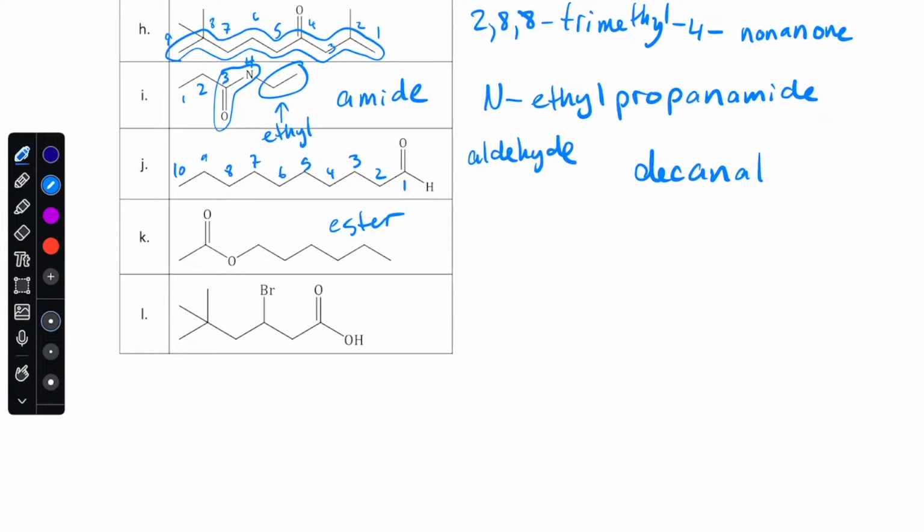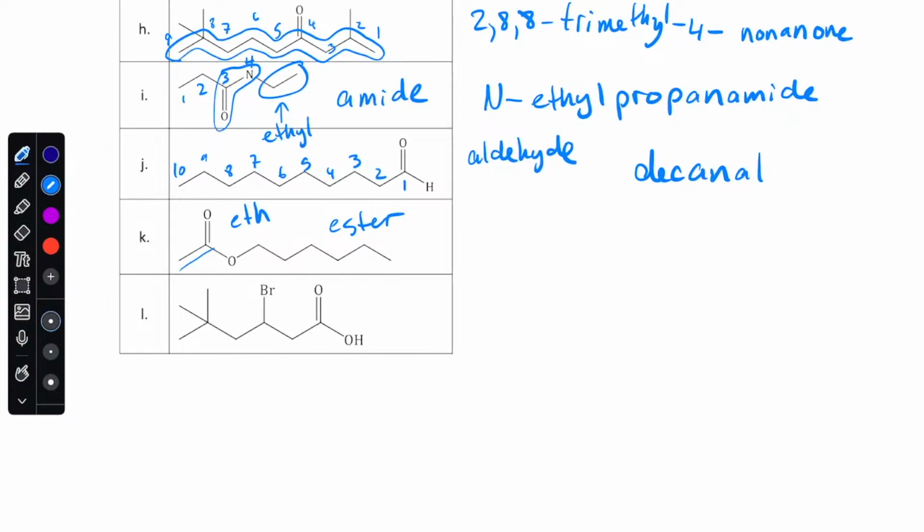It's sort of like an amide, except instead of a nitrogen, we have an oxygen. And the base chain of this molecule is not the longest one. It's the carbon chain that has the carbon double bond oxygen. And this has 2 carbons in that chain, so this becomes an eth group.